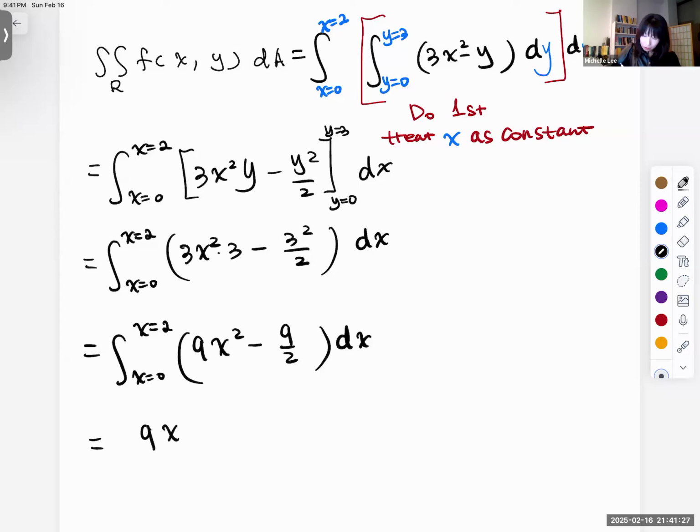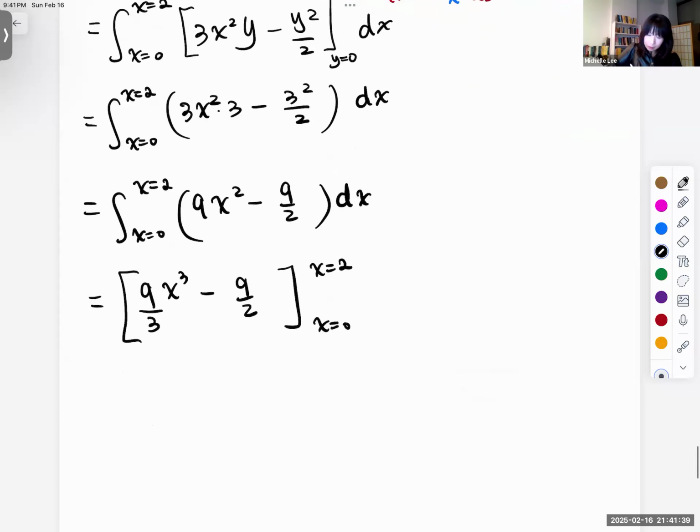So 9x to the third power over 3 minus 9 over 2. We need to evaluate from x equal to 0 to 2, right? Okay, so simplify 3 times 2 cubed minus 9 over 2.